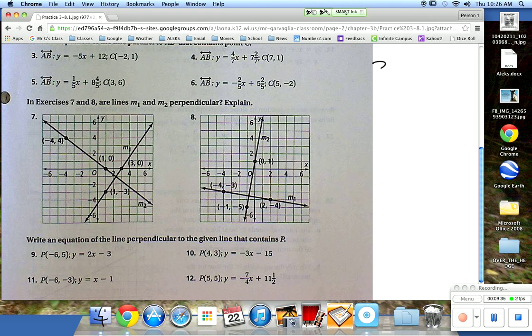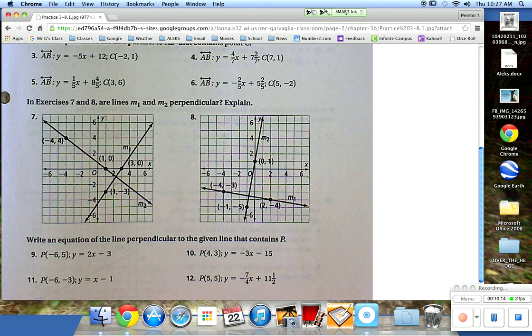Kaylee, I have 3/7. I want the perpendicular slope. What is it? Don't know. Okay. So we know how to make a perpendicular slope.